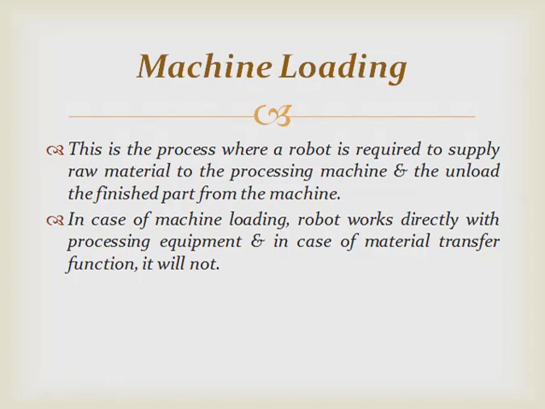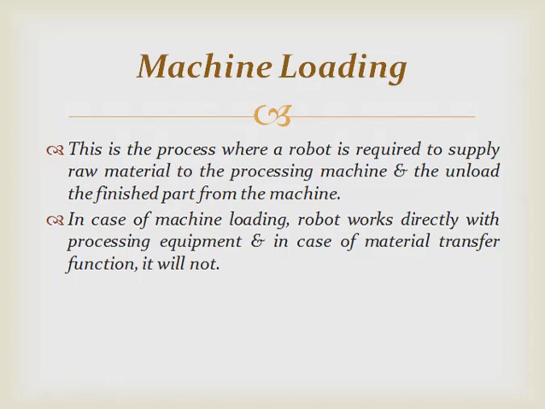Machine loading is a process where a robot is required to supply raw material to the processing machine and unload the finished part from the machine. Initially the robot supplies the raw material to the processing machine.